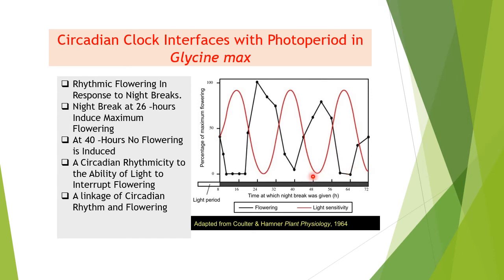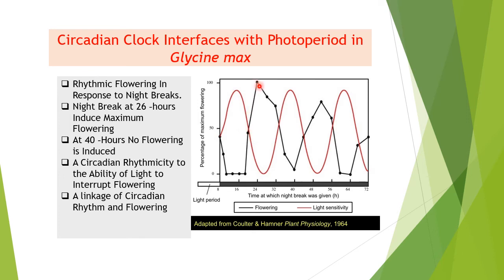It shows a rhythmicity, and you will also see that they are slightly away from each other. They are not synchronized, because it's a short day plant. This is the internal circadian rhythm.